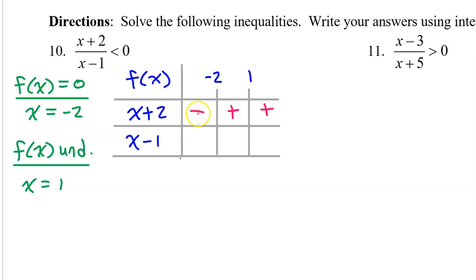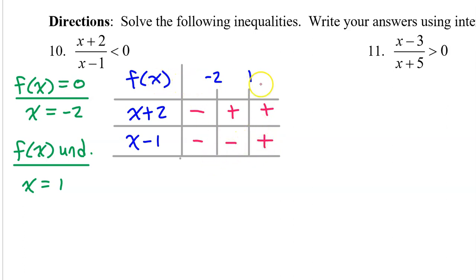That tells me that we're negative over here. A value to the right of negative 2 would be 0, for example. If I plug in 0, I get positive 2. So, negative on the left, positive on the right. Similarly, the factor of x minus 1 gives us a 0 of positive 1. This factor is negative on the left and positive on the right.